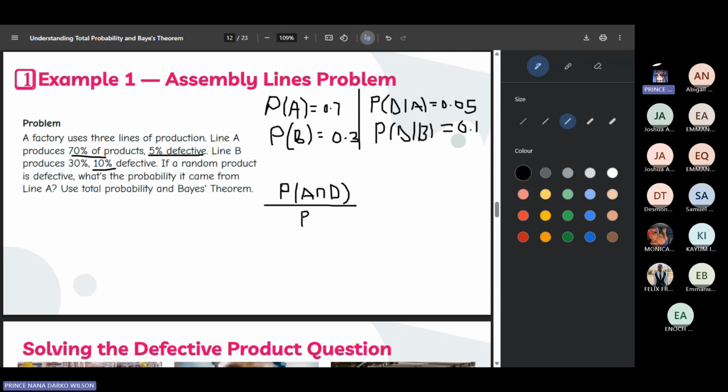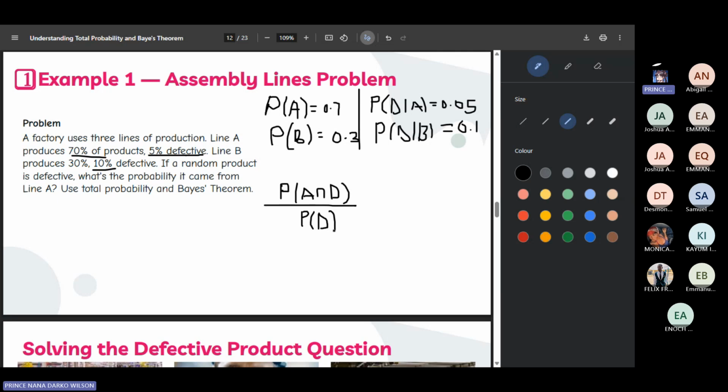Because the defective product may come from A, it may also come from B. The favorable condition here is the probability that the defective product came from A. However, we need to consider the fact that it may have also come from B.